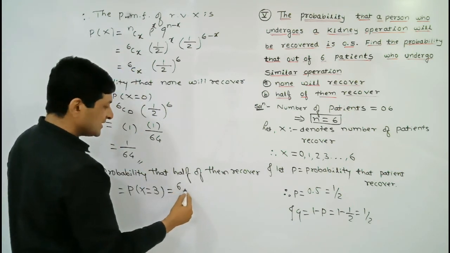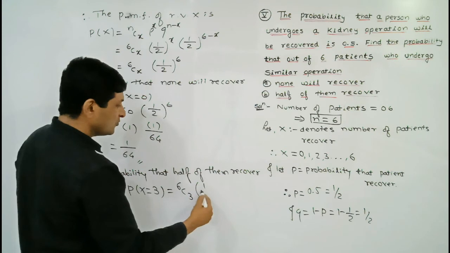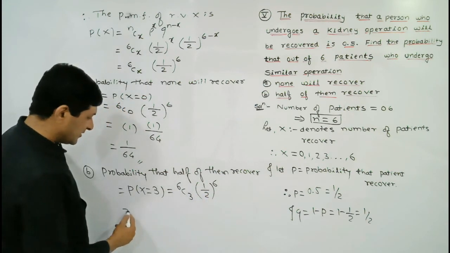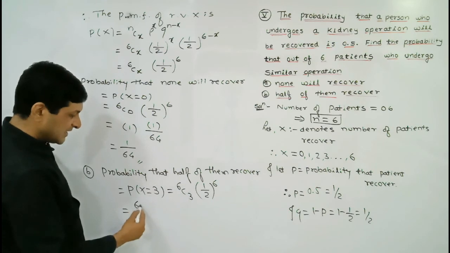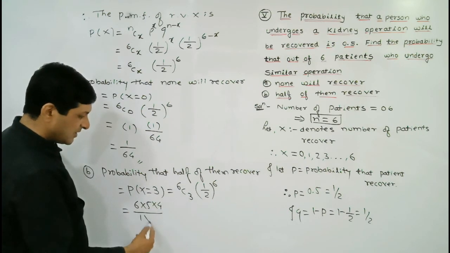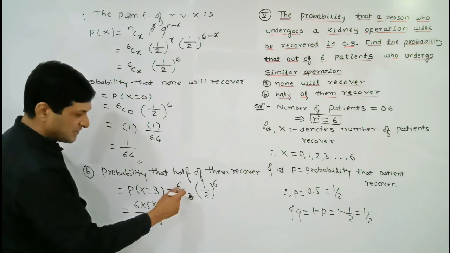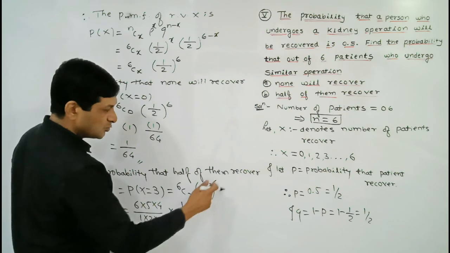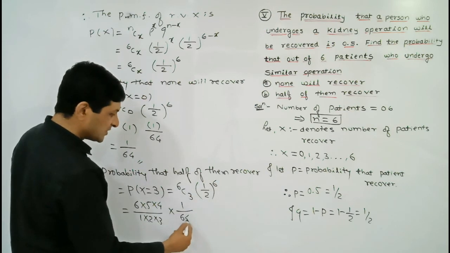Here we get 6C3 into (1/2) raised to power 6. 6C3 can be written as 6 into 5 into 4 over 1 into 2 into 3; we are just finding the value of this combination. Here 1 raised to power 6 is 1, and 2 raised to power 6 is 64.